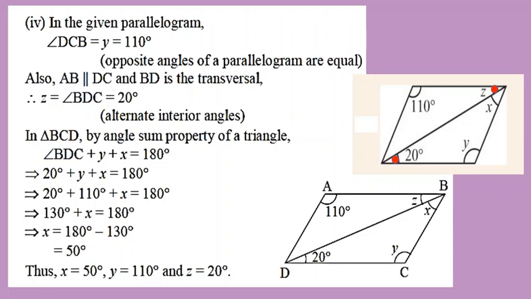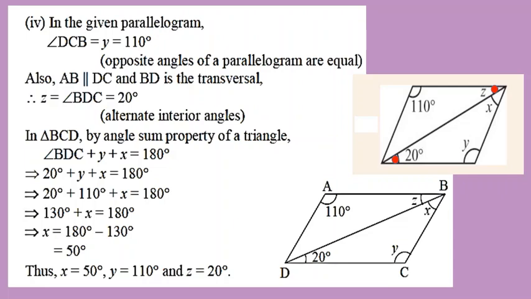So 20 degree and Y is 110, 110 and 20 you add, 130. Now X should be how much? 130 already we got, 20 degree and Y together 180 degree. Angle sum property of the triangle we should know.